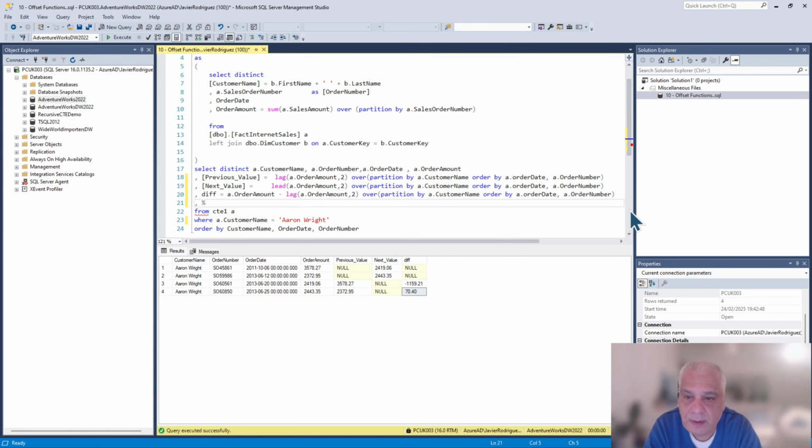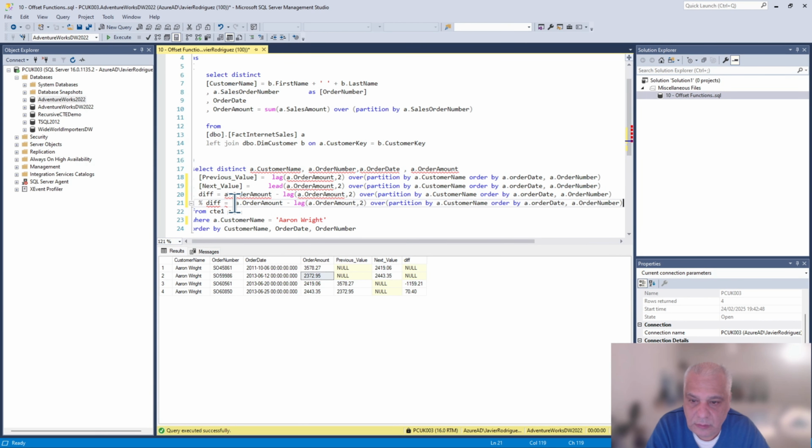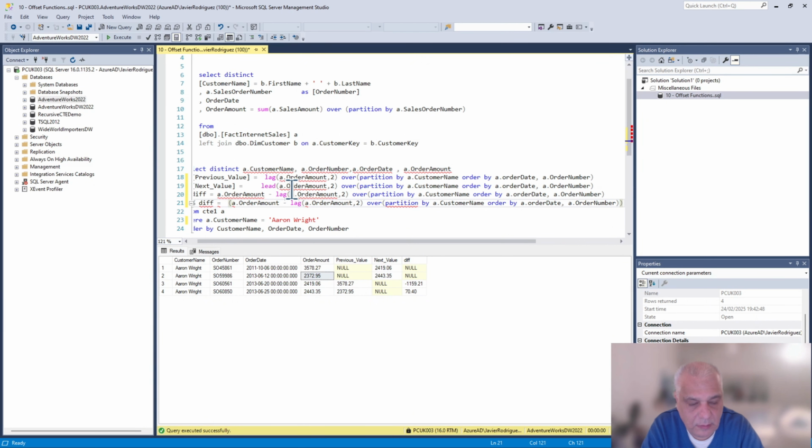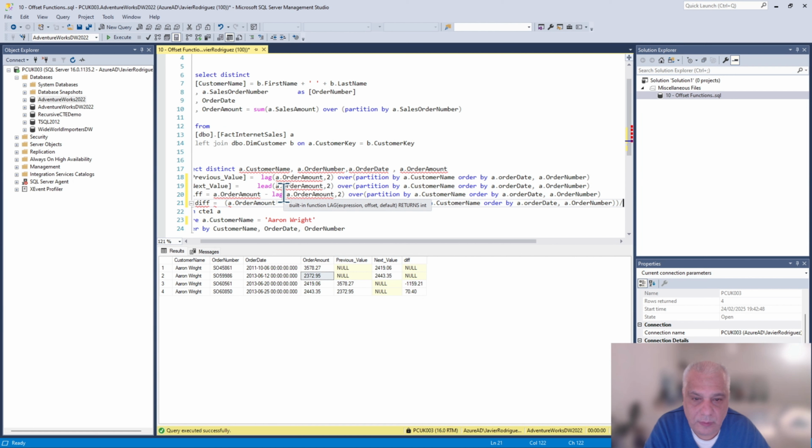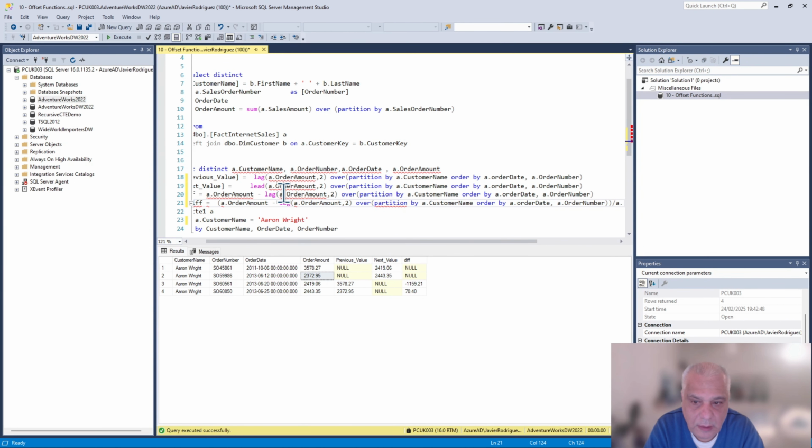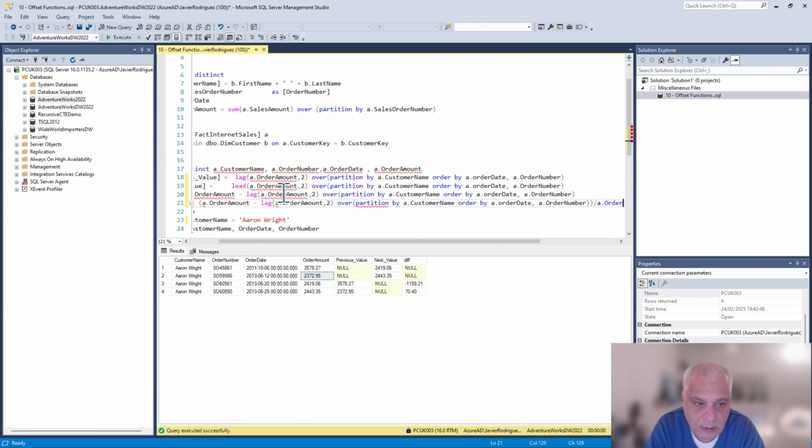In the same way, we can calculate a percentage. Let's calculate one of them. For example, the increase of the order equals the order amount minus the previous amount, divided by the current amount.